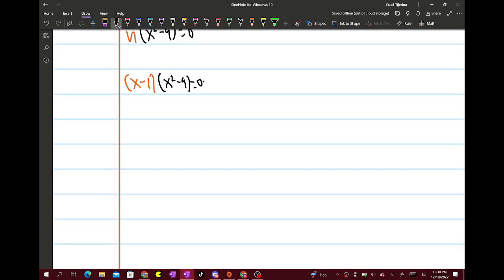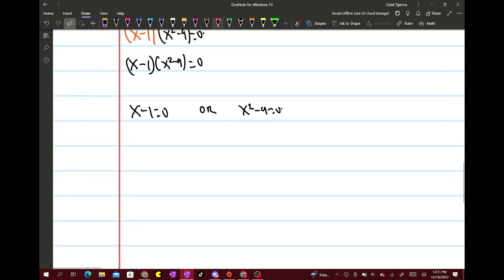Now, these are two different factors, so we can use the zero product property to set both of these equal to 0. So that means x minus 1 equals 0, or x squared minus 9 equals 0.